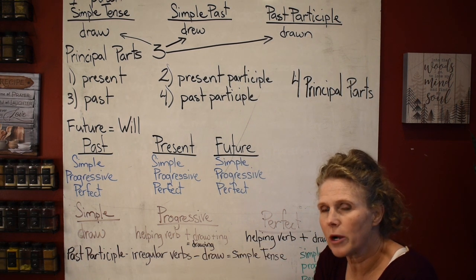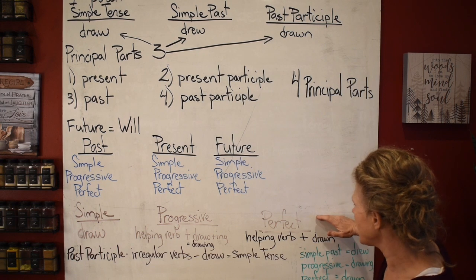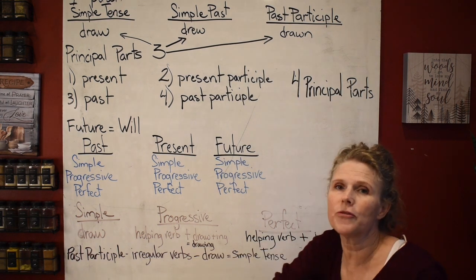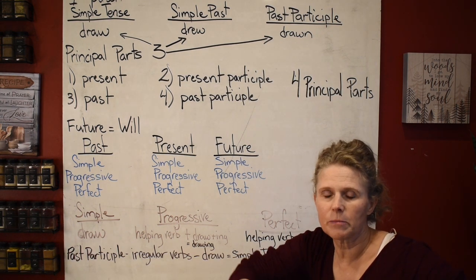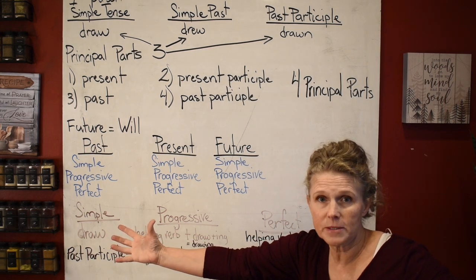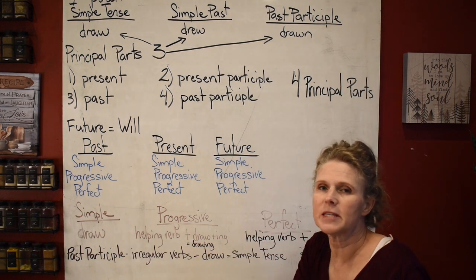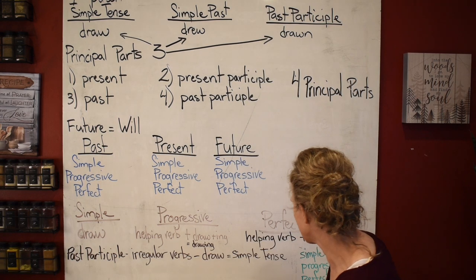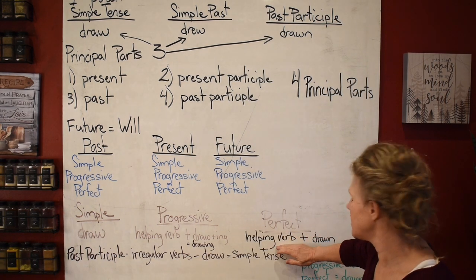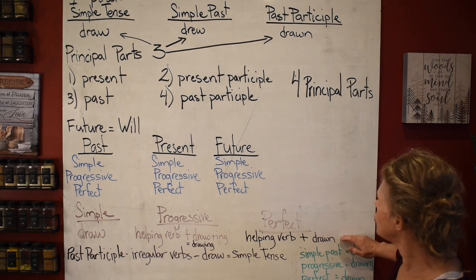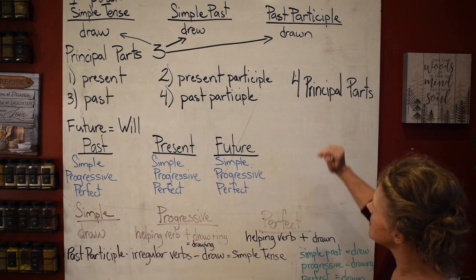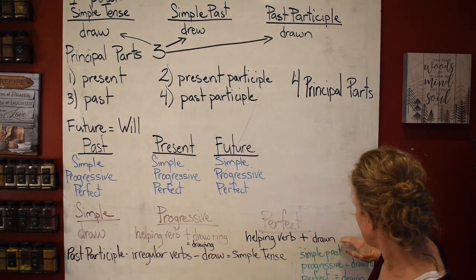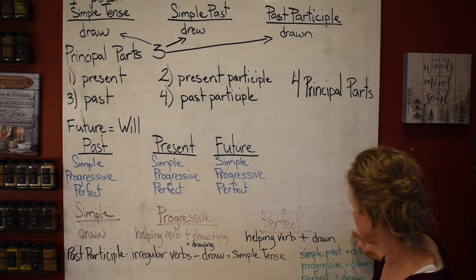Now, perfect is where you have confusion. For perfect, you have to use the helping verb, the auxiliary verb. They're both the same. Auxiliary verb just explains all of the verbs at once. Helping verbs, they put it in a certain category for you to understand. Helping verbs help another verb make sense. So then you're using the helping verb plus your past participle, your fourth principal part, and that puts you in the perfect.